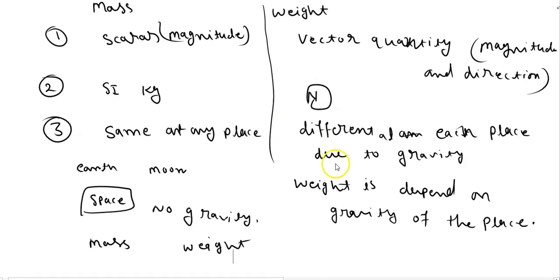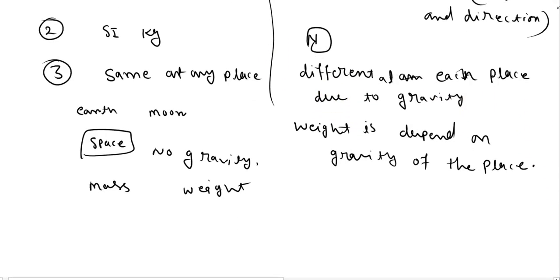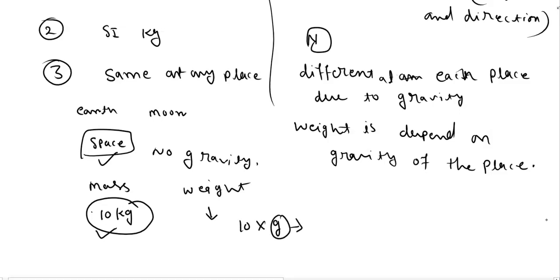We can say if any object has 10 kg mass, then in space the mass will be the same 10 kg, but the weight will be 10 kg multiplied by gravity. Gravity here is 0. So weight will be 0 in space.